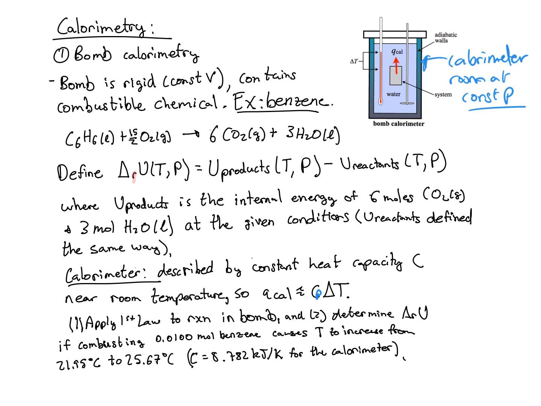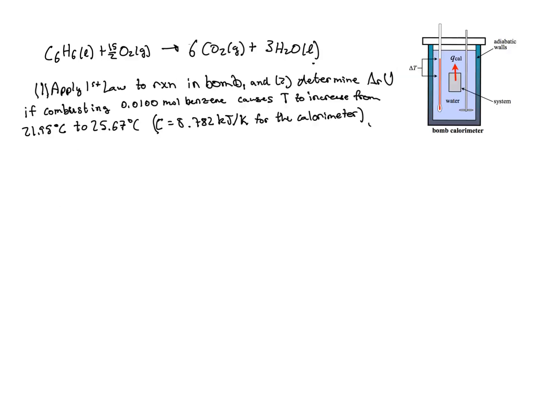Now let's see how that works. So we'll apply the first law, determine delta RU from the given data. The first thing we need to solve this problem is that the bomb has a constant volume. So naturally, we're going to want to use this equation: delta U is Q plus non-mechanical work.